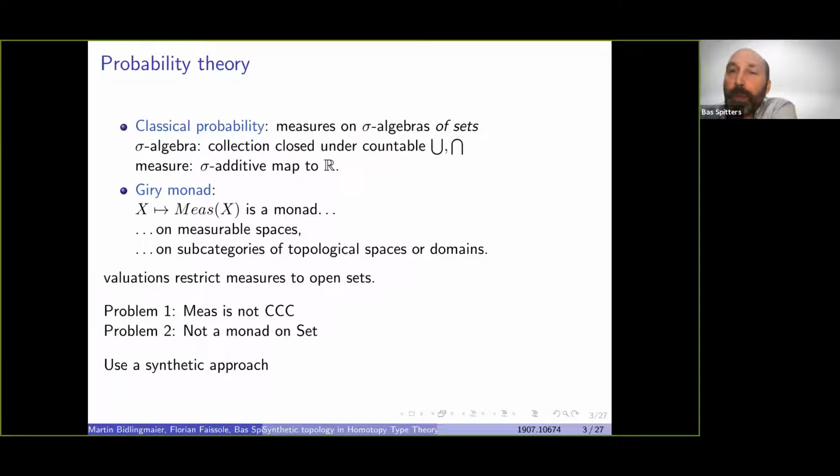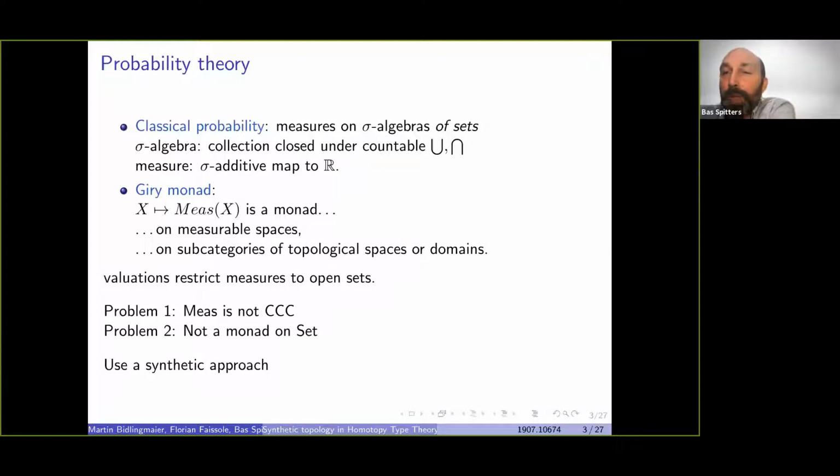And then we can do the Giry monad, for instance, on the category of measurable spaces, on various subcategories of topological spaces or domains. Now there's a bit of simplification possible here. We can look at valuations instead, and these have been very important in domain theory, where you restrict the measures to open sets. If you have a regular measure, then it can be completely recaptured by the corresponding valuation.